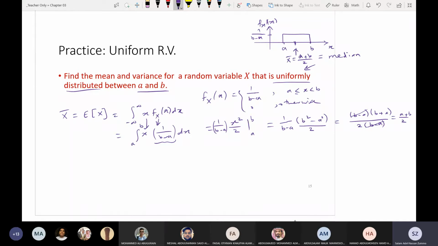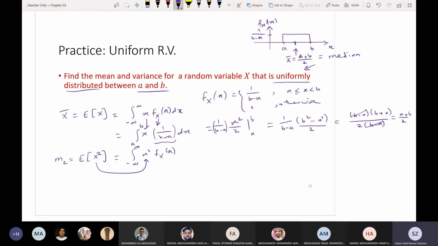In order to find the variance, it's better to find M2 first, which is the expected value of x squared. Okay? Expected value of x squared, again, by definition is the integral of x squared f_X(x).